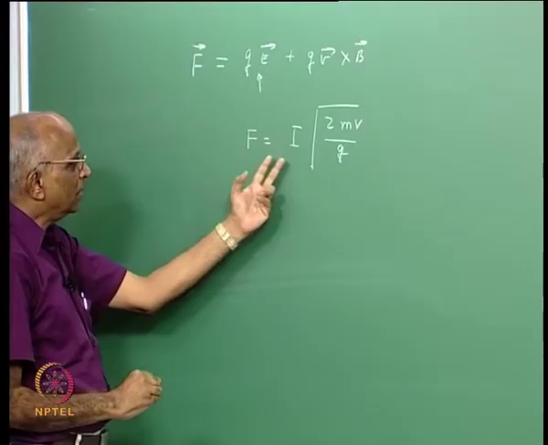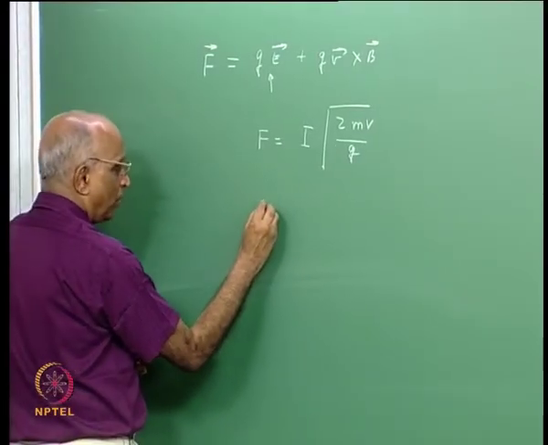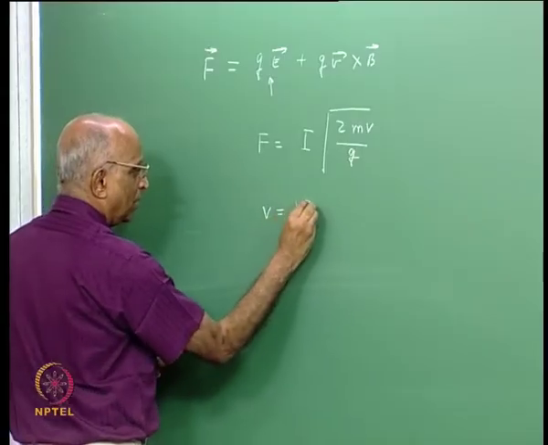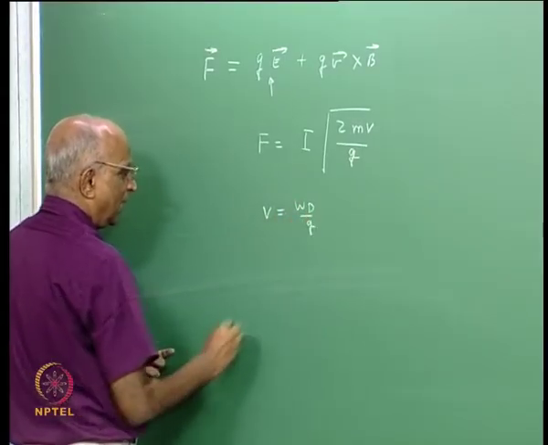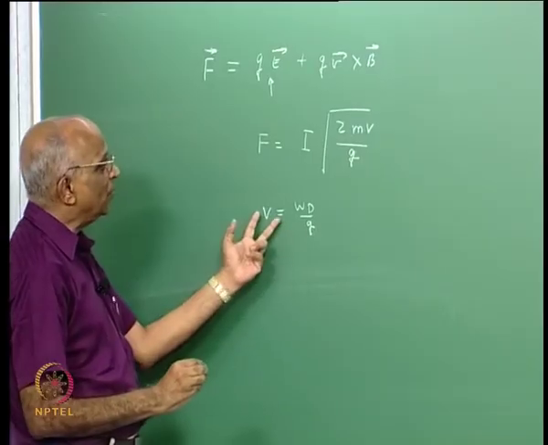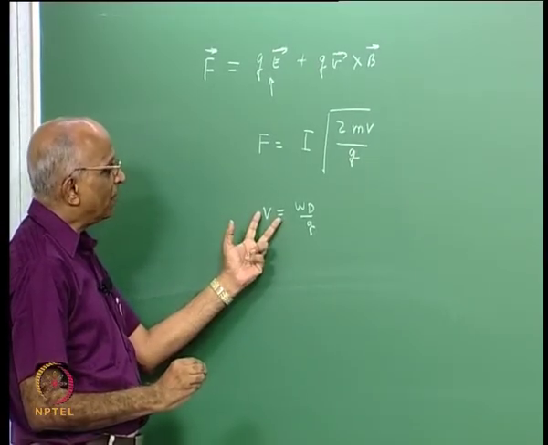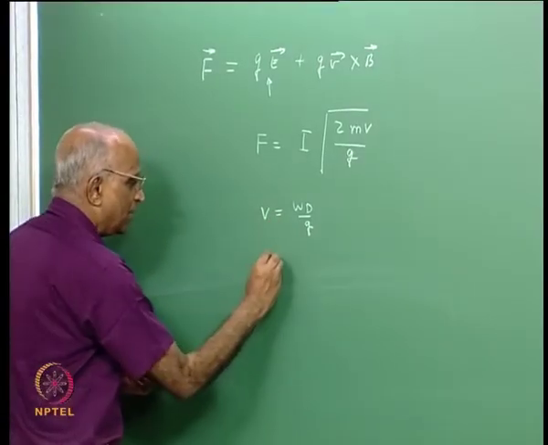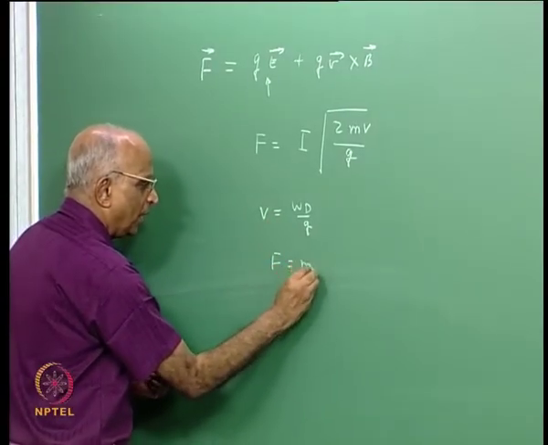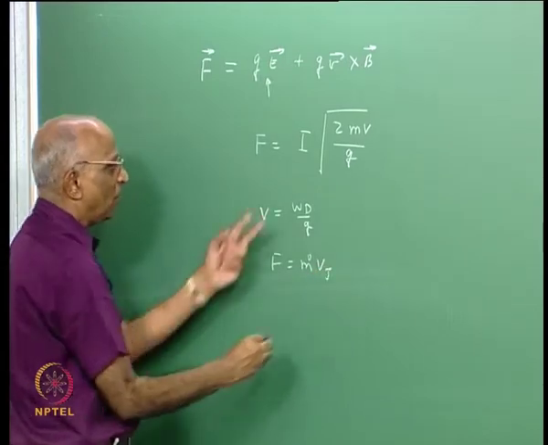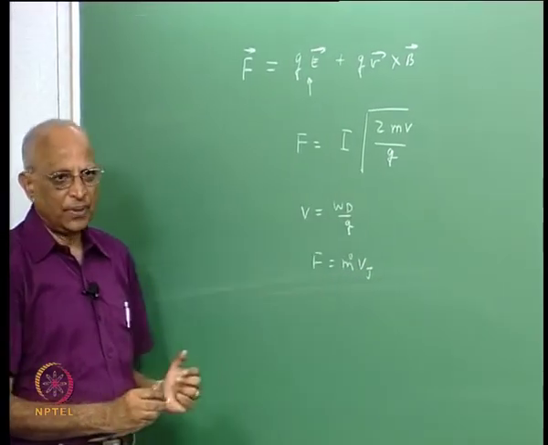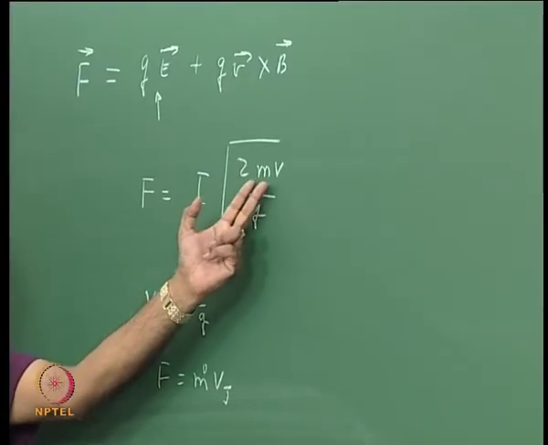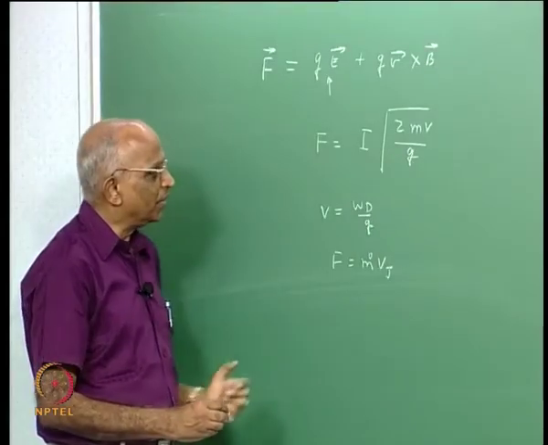We got that the potential difference, voltage, was equal to the work done per unit charge, and therefore we were able to write QV over here. From this relation and also from the relation force is equal to m dot into Vj, we got this particular relation, where force is in newtons, I is in amperes, and then voltage, mass and the charge over here.